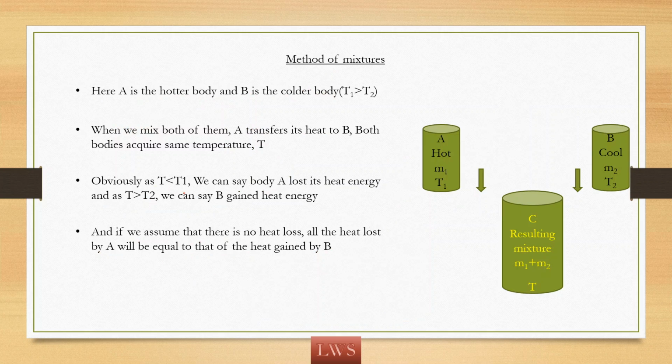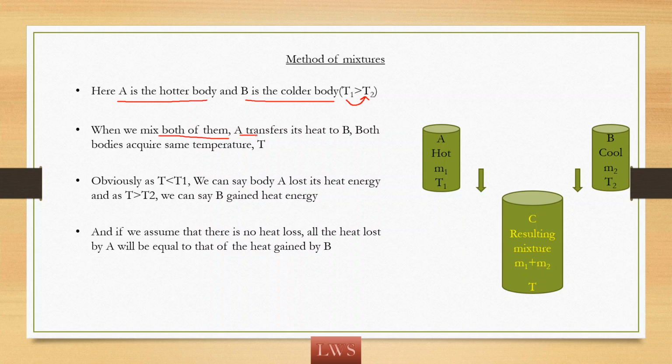So here A is the hotter body. We are taking the water in A as hot and the water in B as cold. The temperature of T1, that is A, is greater than temperature of B, that is T2. When we are mixing both of them, so I am mixing both hot water and cold water. A is hot, B is cool. So what happens? Heat transfers from hotter body to the colder body.